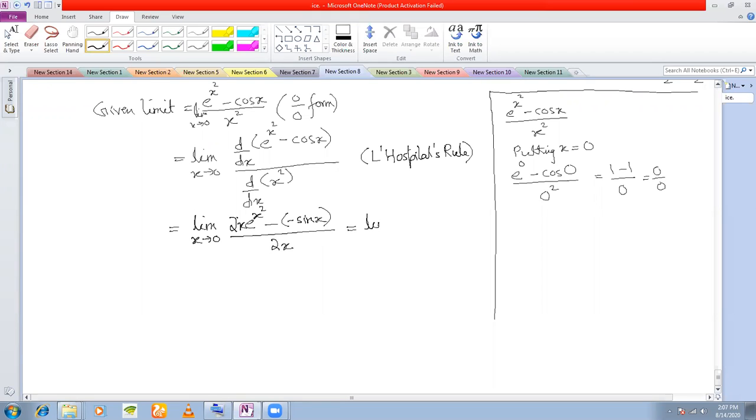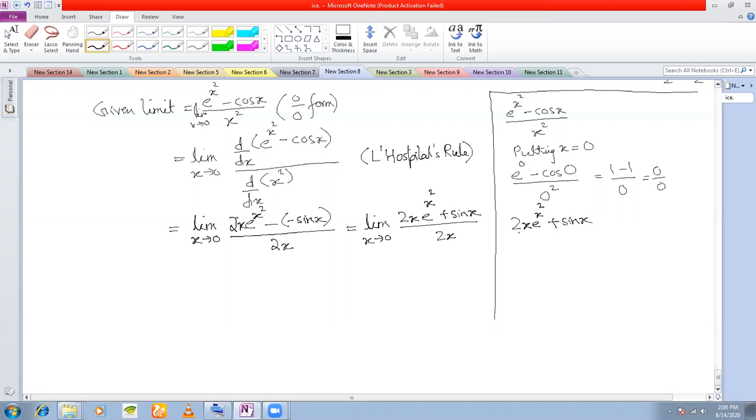We write this in the simplified form: 2x e to the power of x square plus sin x divided by 2x. Let's check here.